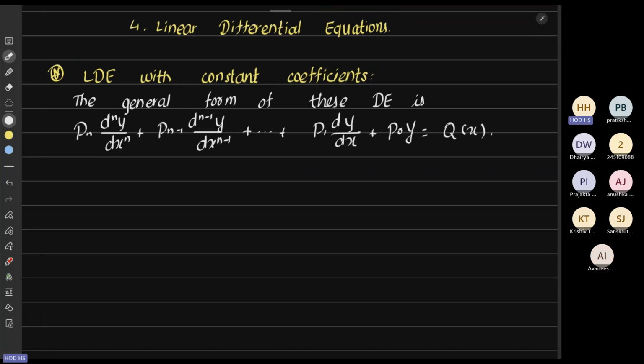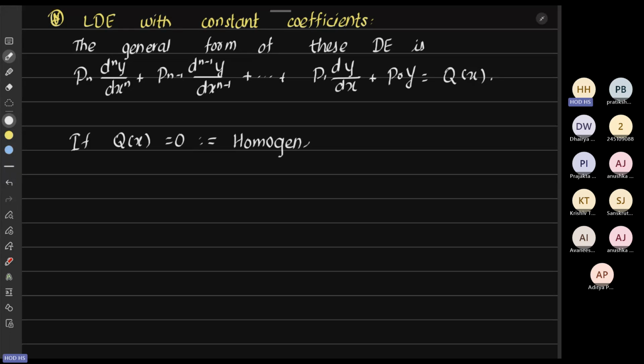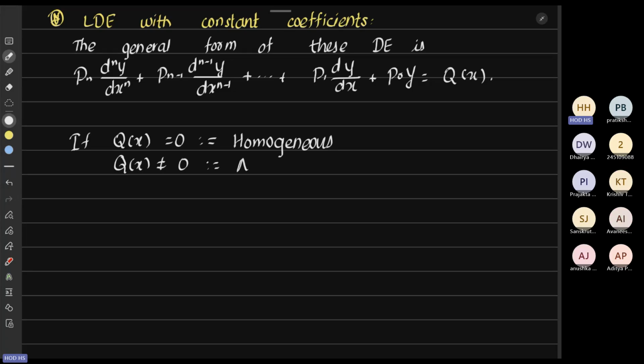If the right hand side Q of x is equal to 0, then they are called homogeneous. And if Q of x is not equal to 0, then they are called non-homogeneous.